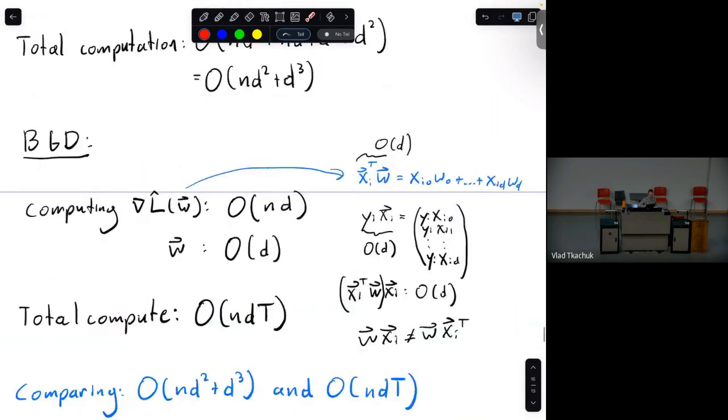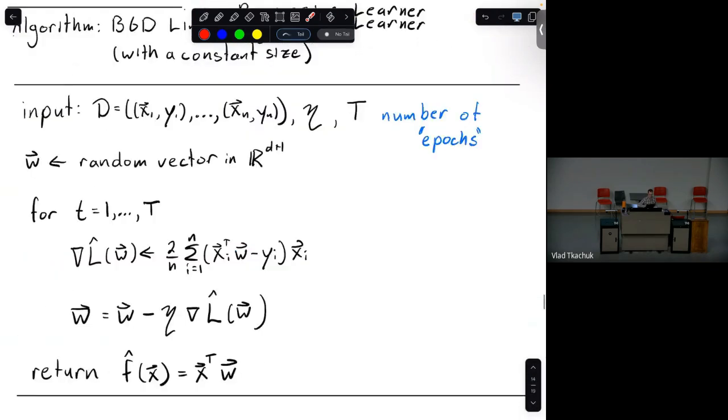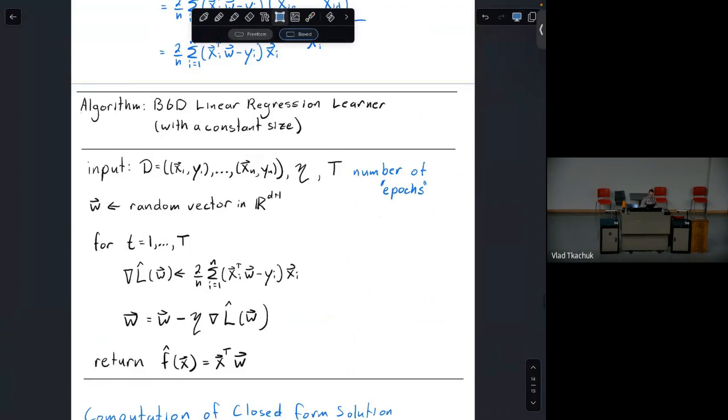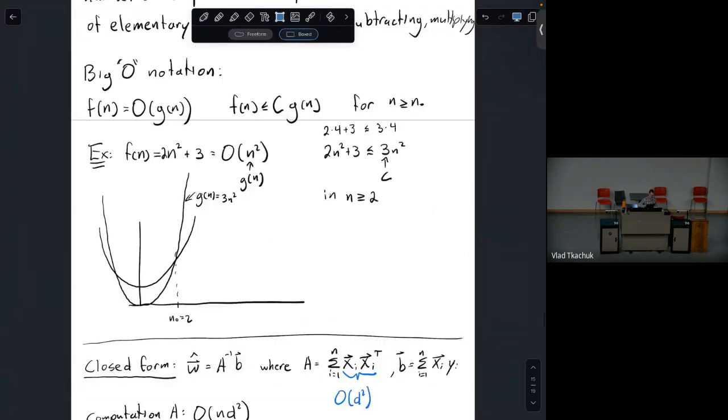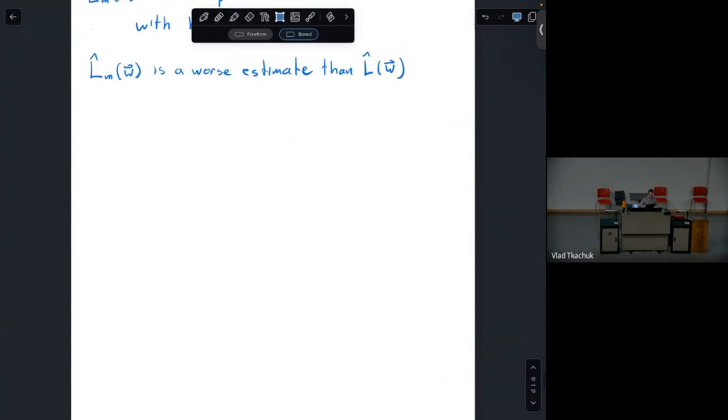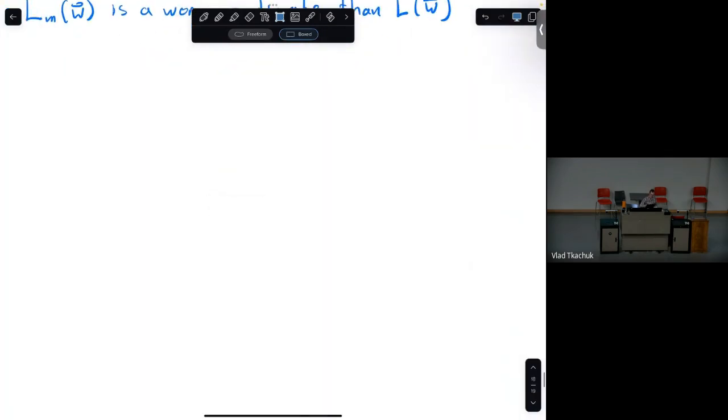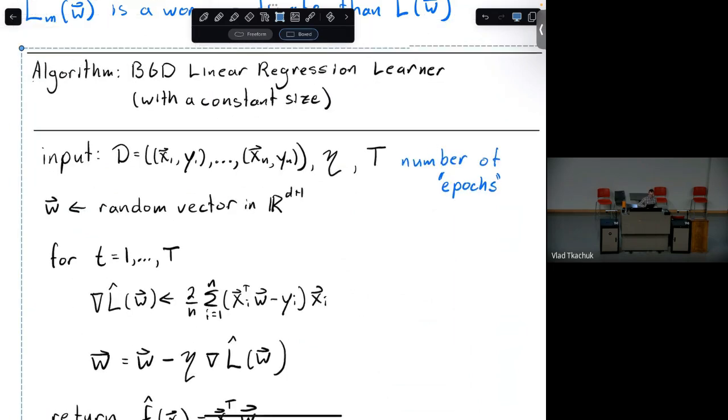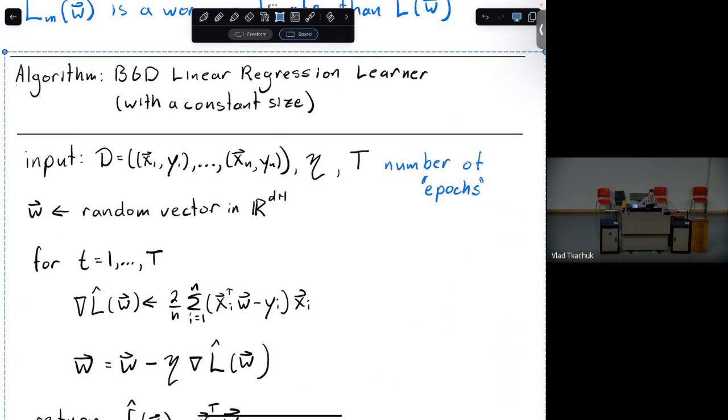To write the algorithm, I can literally copy this one and add one more for loop, which is the for loop over the number of batches. And this is called mini batch gradient descent. This is the actual algorithm that will be used a lot of the time in machine learning.